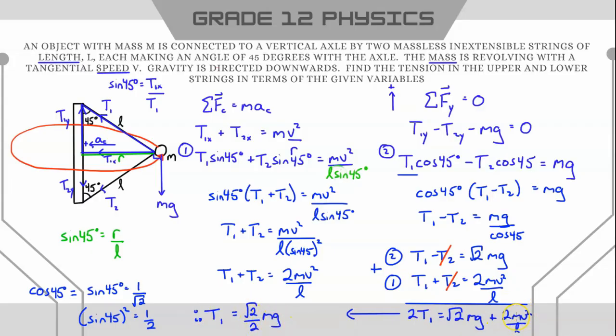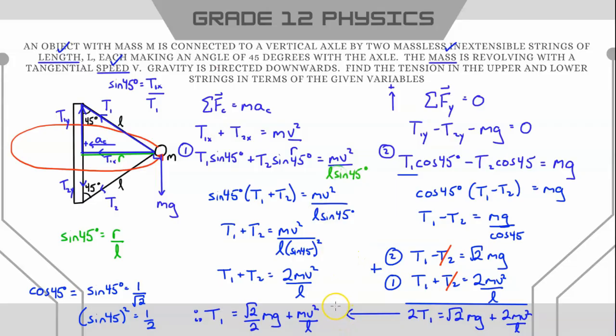And when I divide the other term by 2, that 2 just goes away, so plus mv squared over L. So there is an expression for T1 that involves the variables of mass, speed, and length. Now it also has g, but we know this is just gravity, that's just 9.81.